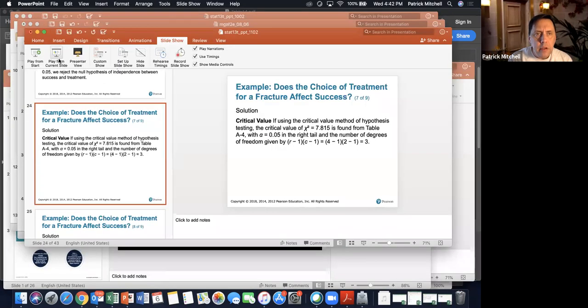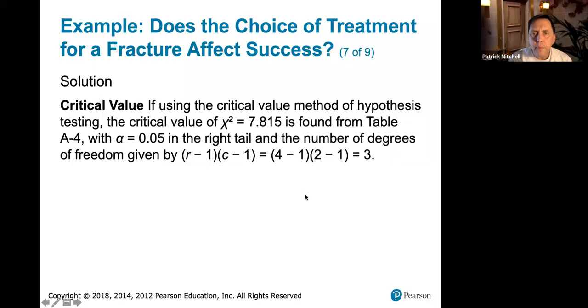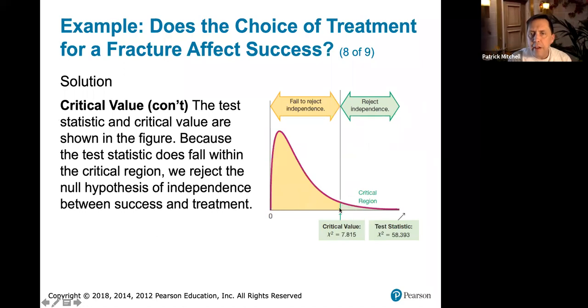So here's the nice picture. My rejection region is in green. If my calculated chi-square value had come out to be anything in this region, I would reject my null hypothesis, and it really came out to be much, much, much bigger than the critical value of 7.815. So that would be another way to tell that you reject the null hypothesis.